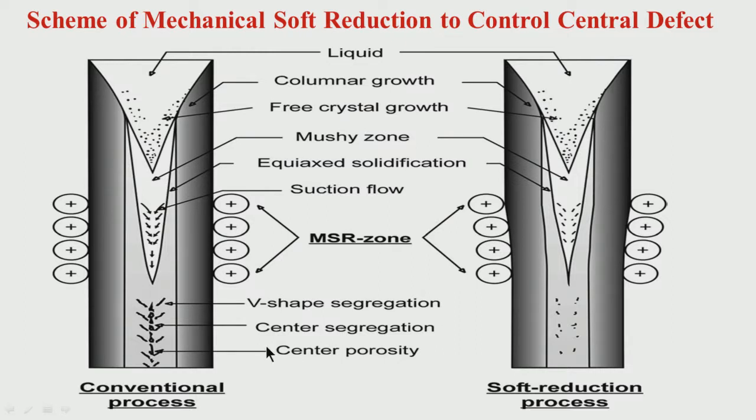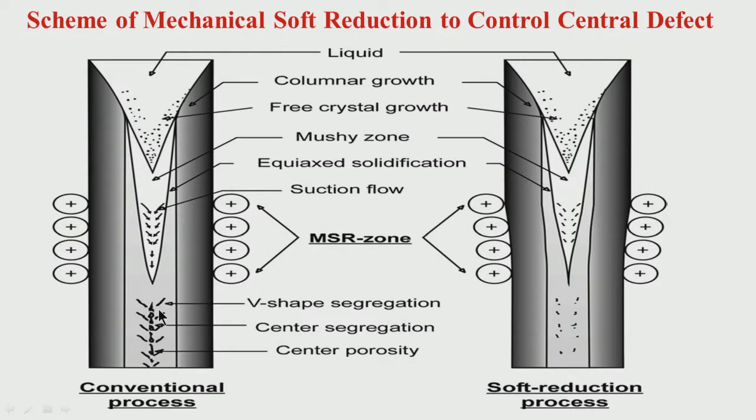The segregation is sometimes distributed in a V shape because of the flow of the final liquid in this area. So, if you have equiaxed solidification in the final stage, you have a V-shaped segregation.